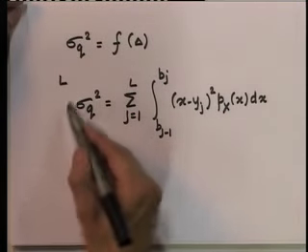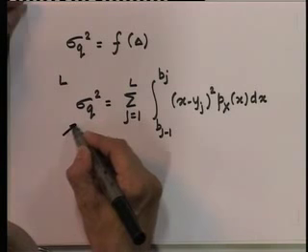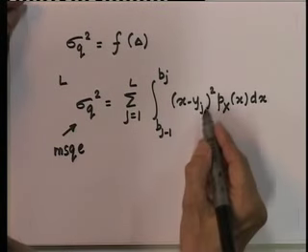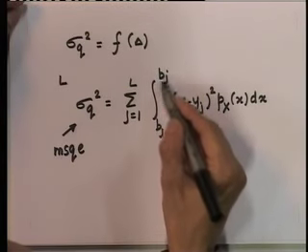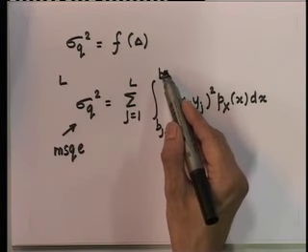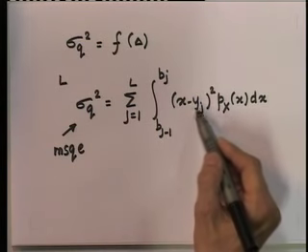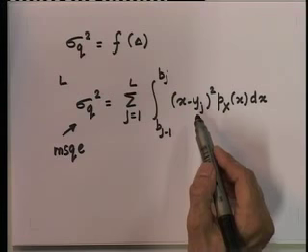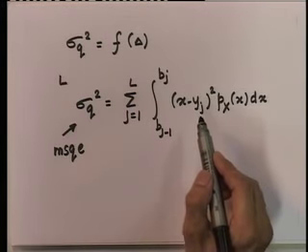This is the mean squared quantization error as a function of reconstruction levels and decision boundaries. So, we should replace the decision boundaries, that is the Bj's, and reconstruction levels Yj by functions of delta.